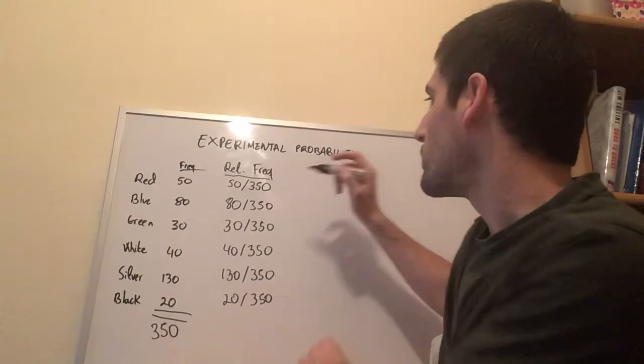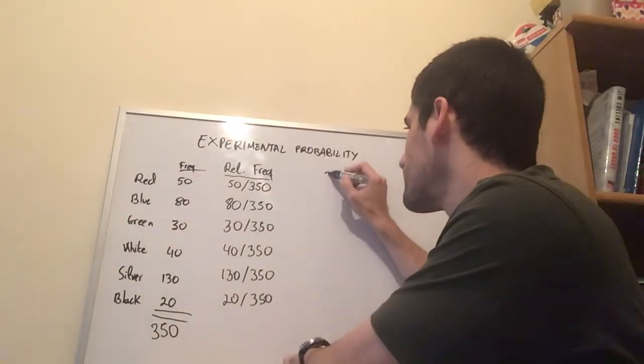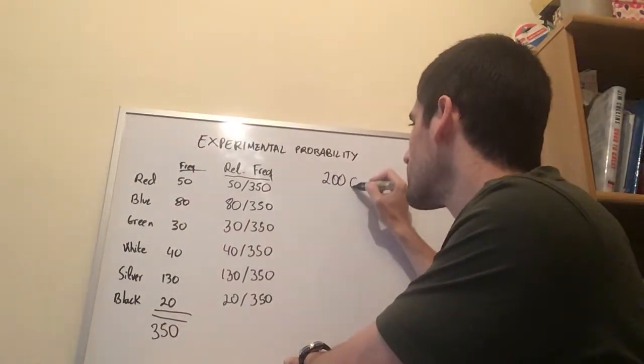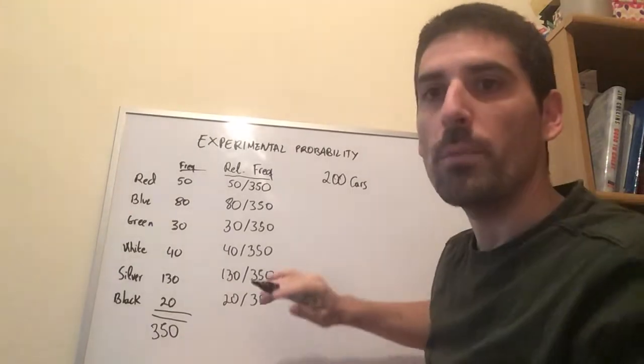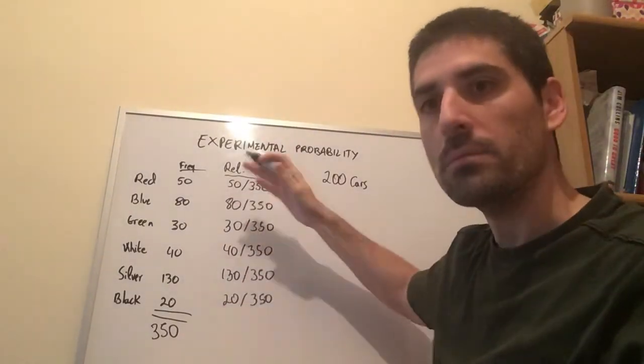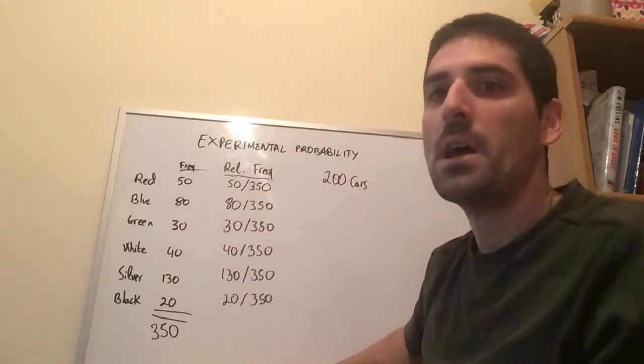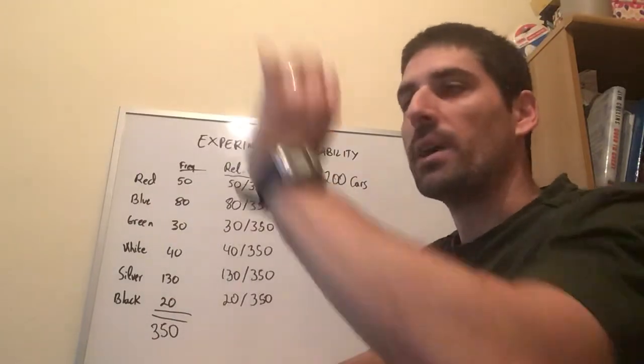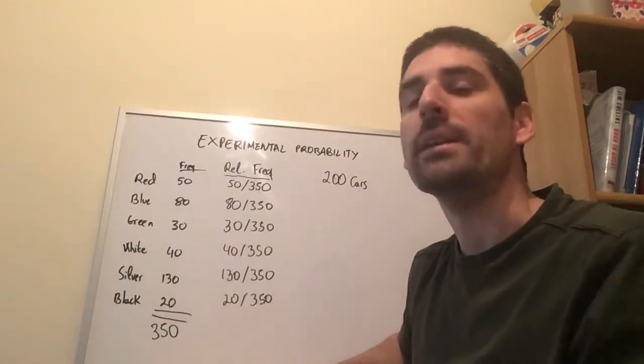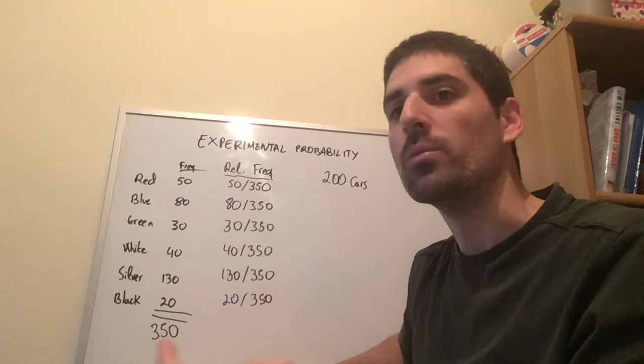Okay, so we have 200 cars now. So we've moved on. We know our calculated probabilities, but now we're sitting at a bar, 200 cars pass by, how many do we expect to be white?